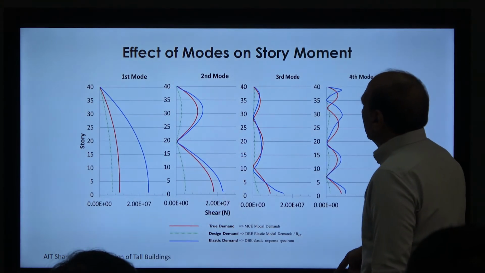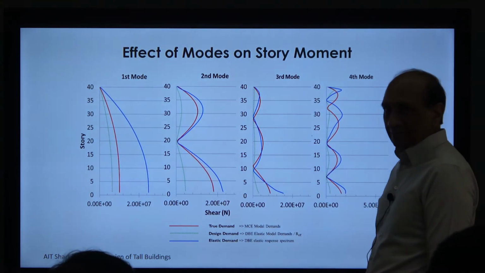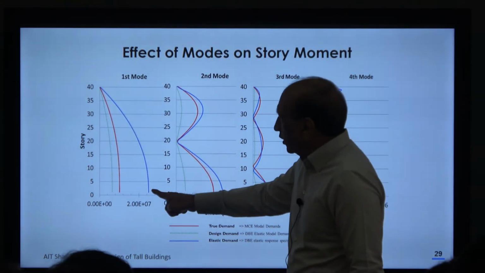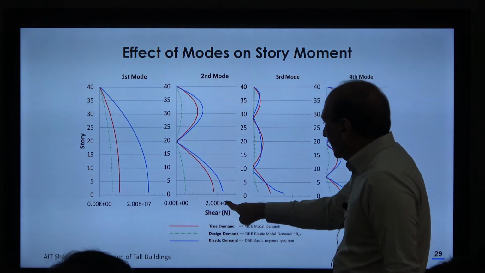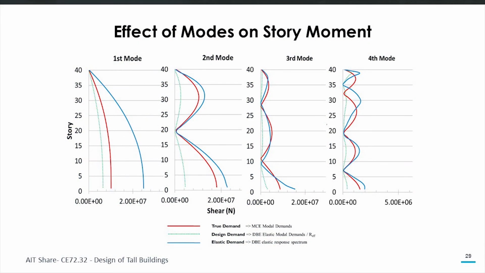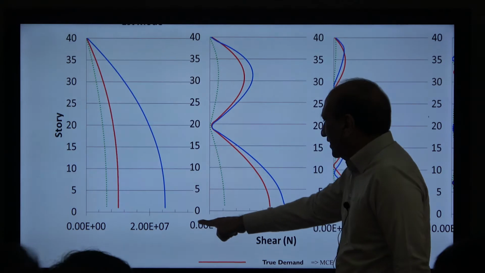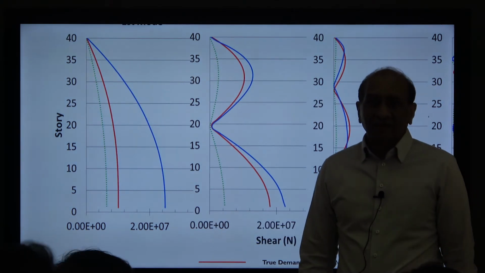Shear is a totally different story. This is the response coming from first mode, this is the response coming from second mode, third, but look at the number here. It is the same order, raised to power 7, raised to power 7, similar number.